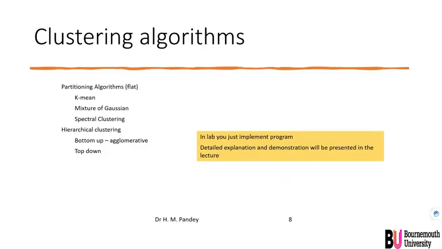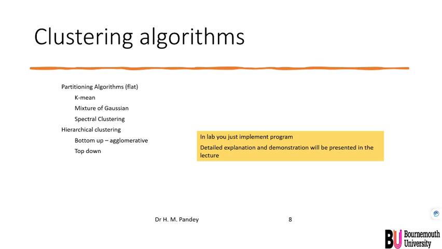And as far as cluster algorithms are concerned, they are basically divided into two groups: partitioning algorithm and hierarchical clustering algorithm. So as I said in the beginning, cluster algorithms are of different types. Depending upon the data, you can select the appropriate clustering method.